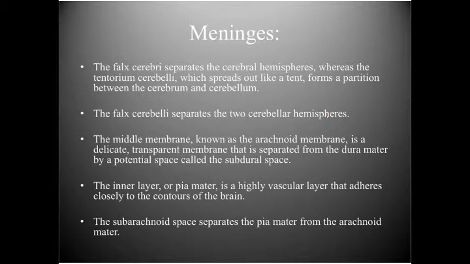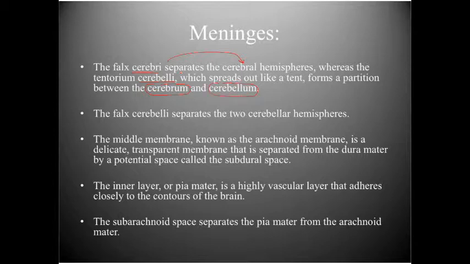So that's something that we need to keep straight. The falx cerebri, as the name implies, cerebri means cerebral, and cerebelli implies cerebellum. And so that's one thing to keep straight: the cerebellum and the cerebrum.